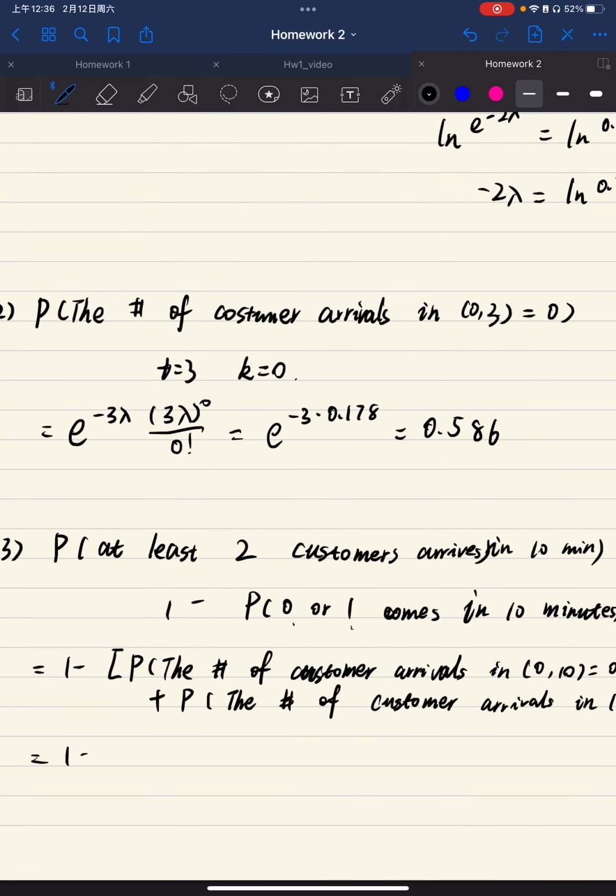We still use the formula for the Poisson process.